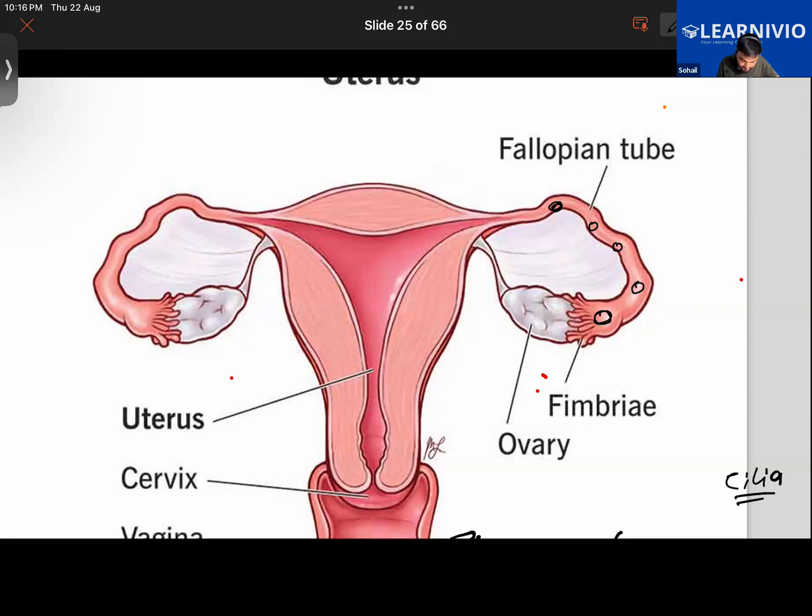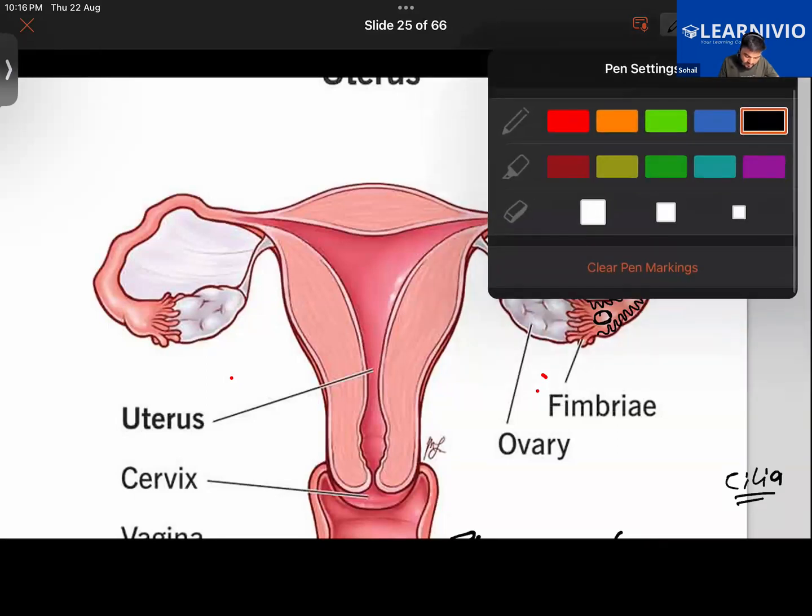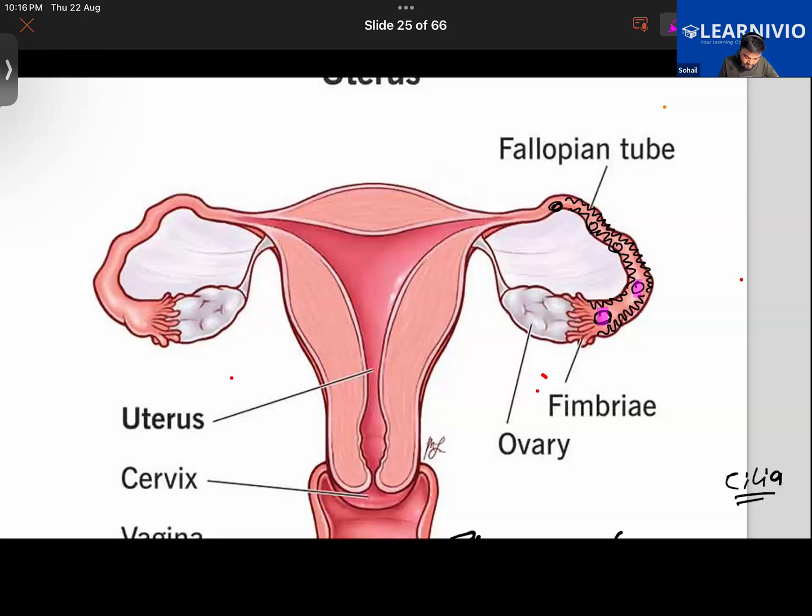So actually, there would be lots of finger-like projections here also, like this. Now these cilia will actually help in the movement of the ovum. What do they do?